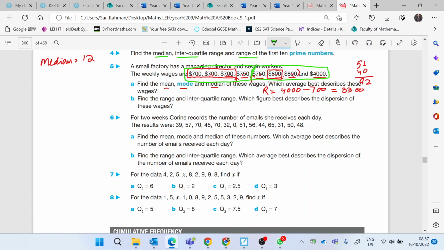Find the mean, mode, and median of these numbers. Which average best describes the number of emails received each day? So here, 2 weeks means there are 14 values. So you have to put them in ascending order, right?